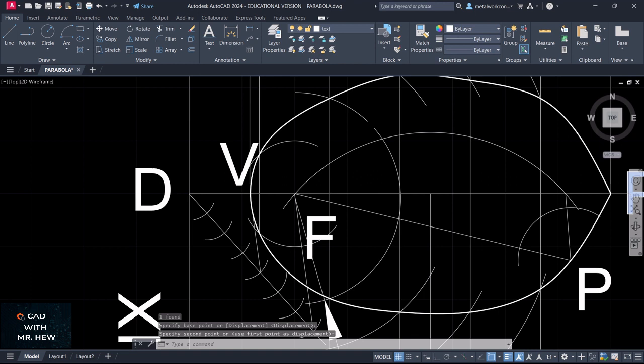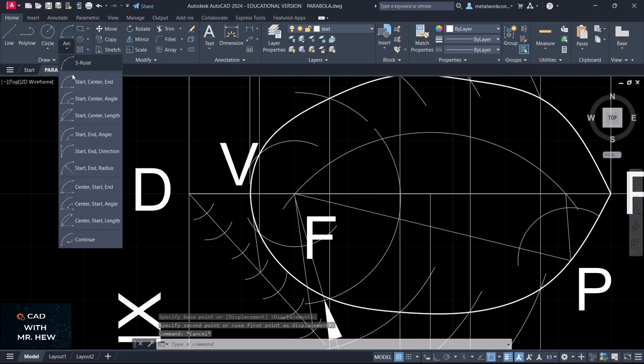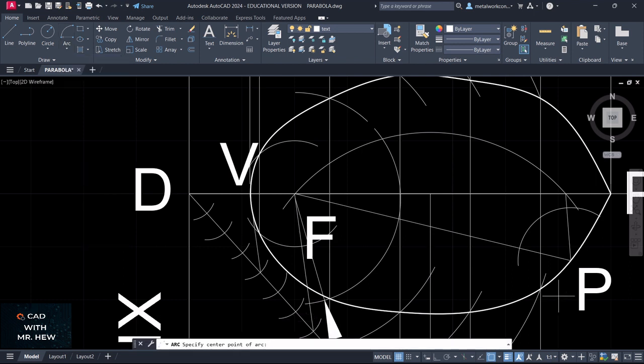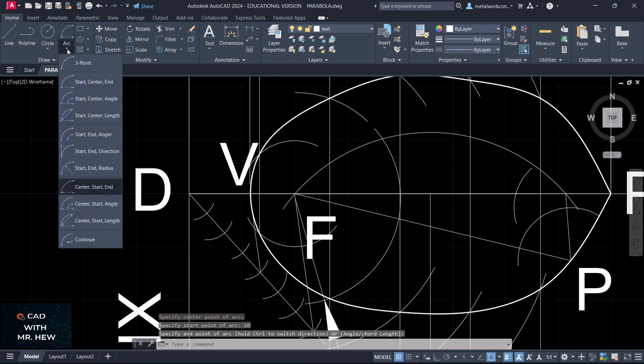All right, so now we're gonna continue marking the arc there, right? So we go arc, so it will be here, radius will be 10. Good, we're gonna do the same thing on the other side.